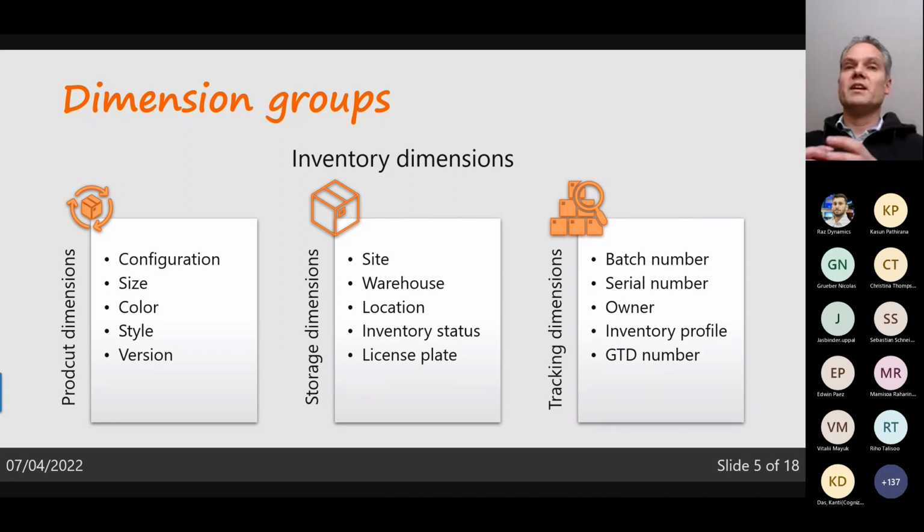The configuration can be managed manually, but there's also an option for product configurations in the system. That part I will not elaborate on. Apart from the configuration, there's also an option to set a size, a color, and a style. And a version dimension was added about six months ago as part of engineering change management.